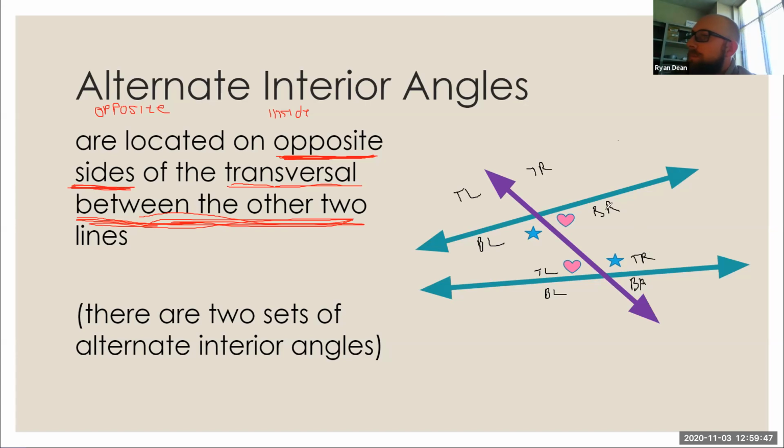So if I took the opposite of top, that's going to be on the bottom. If I take the opposite of left, that's going to be on the right. So if I'm looking at the blue star, this one right here that I just underlined, here I'll circle it, this one is in the bottom left position. What is opposite of bottom left? Well, opposite of bottom is top, so it should be somewhere on the top, and it should be on the right side.